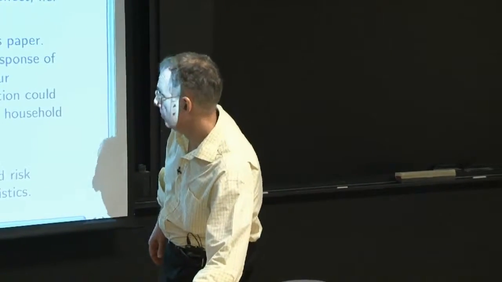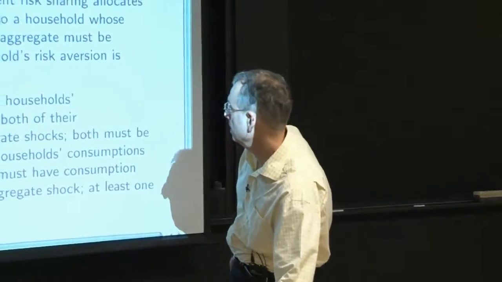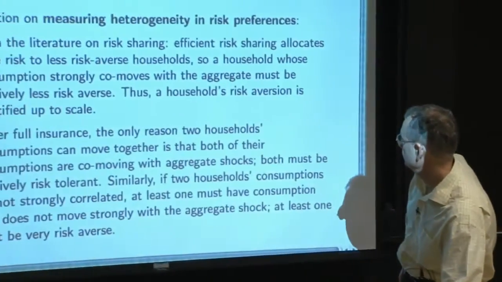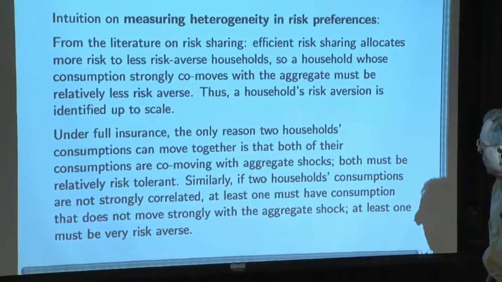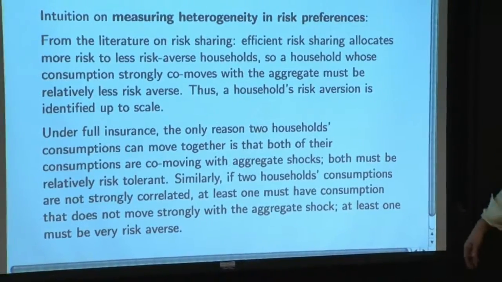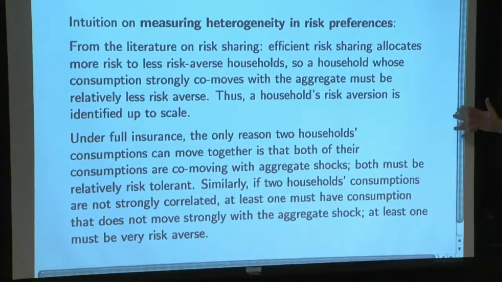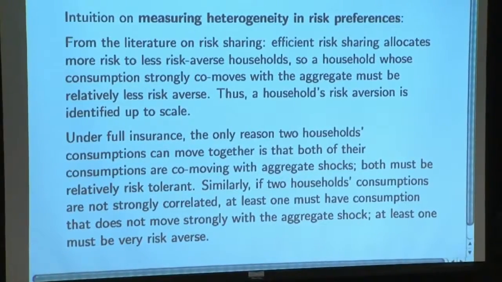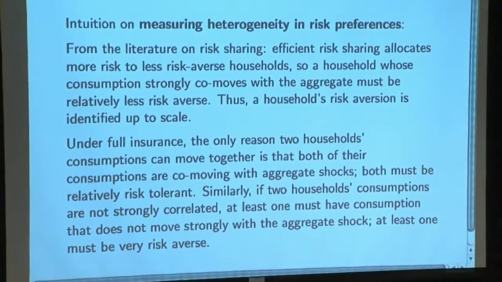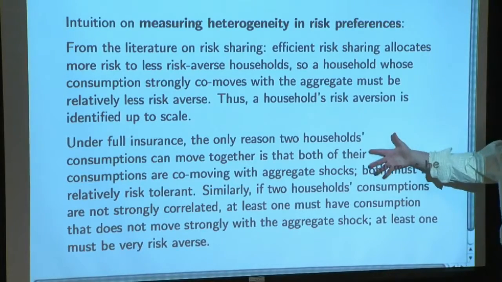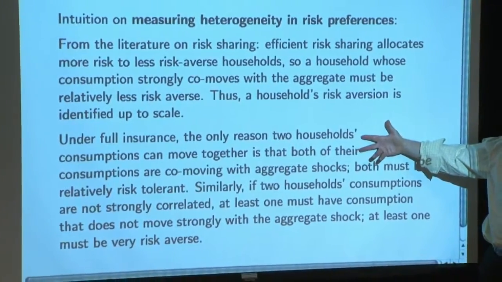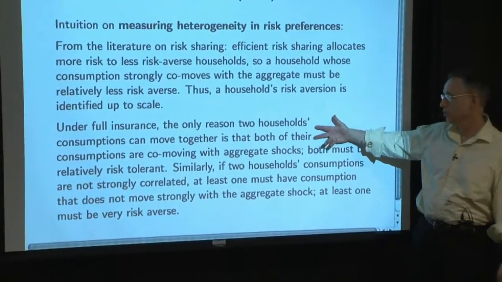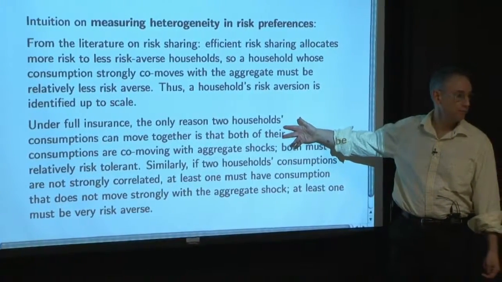Now, to see how we're estimating it and get some intuition for how we estimate the risk aversion, if two households had more or less the same coefficient of risk tolerance, then their consumption should more or less move together.